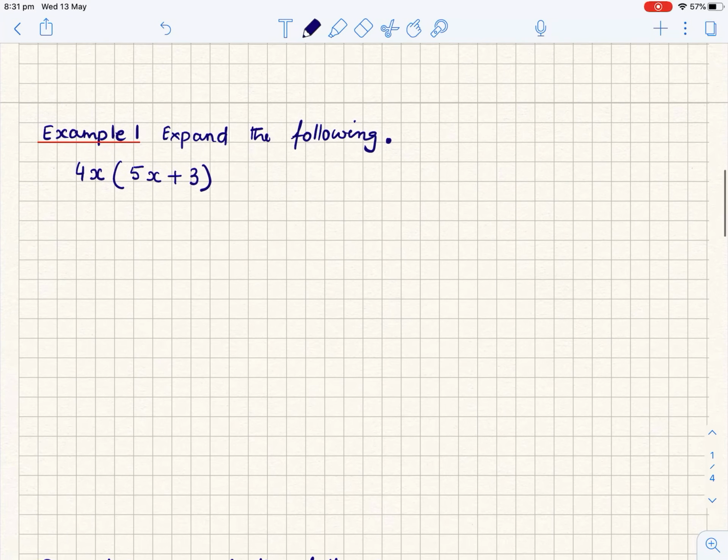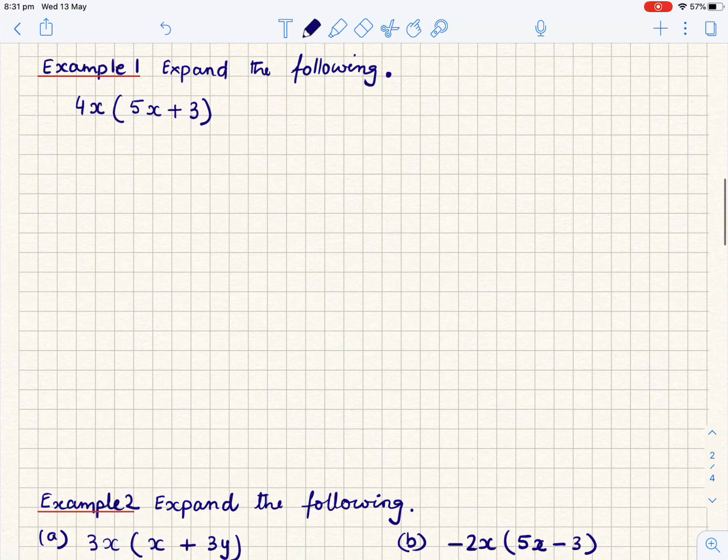Now let's look at examples. Example 1, expand the following. So we have 4x outside the bracket, multiply each term inside the bracket with 4x. So you get 4x times 5x plus 4x times 3.